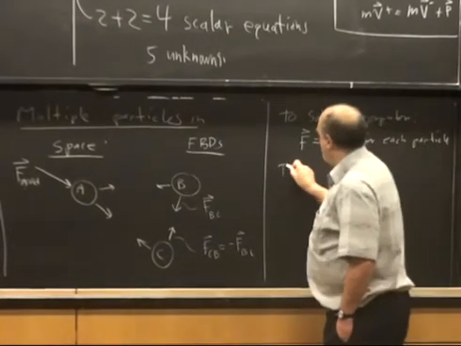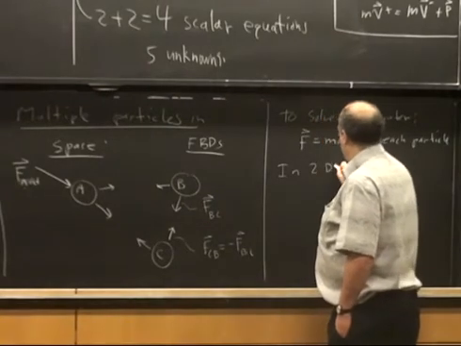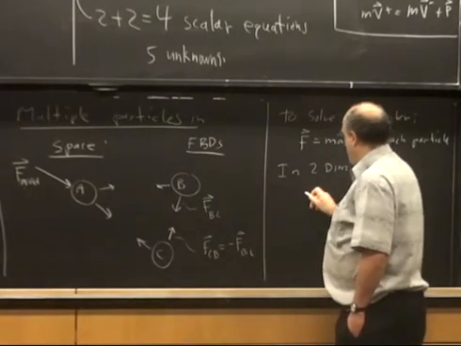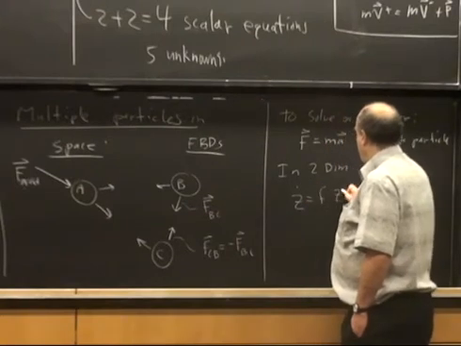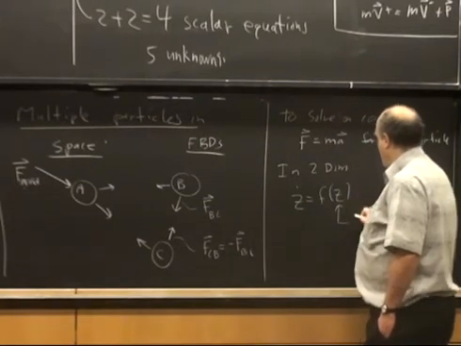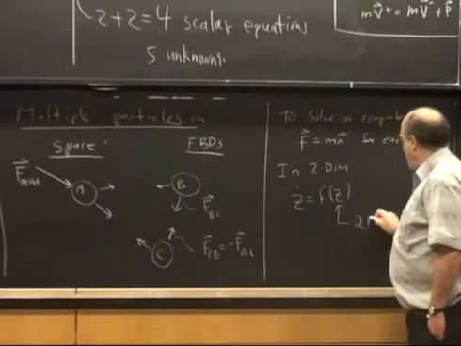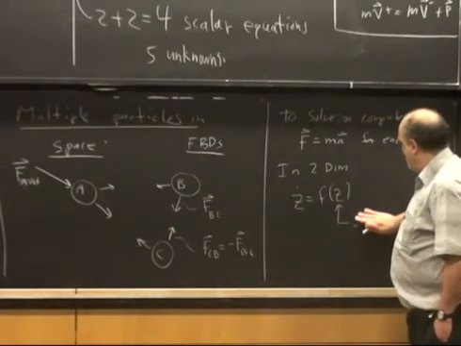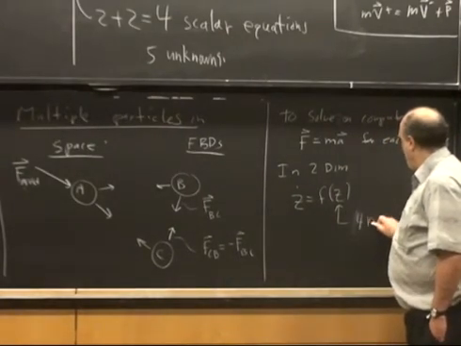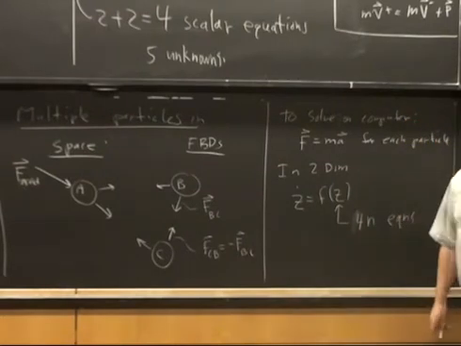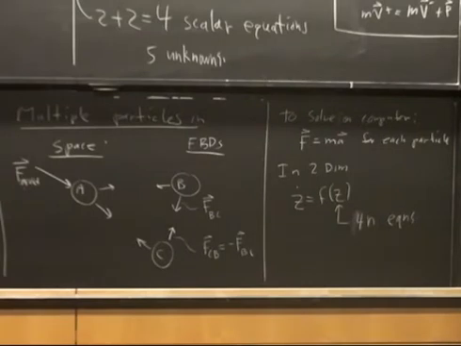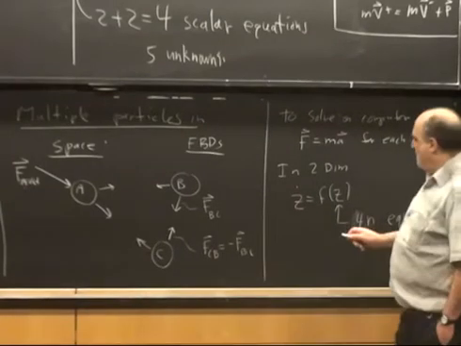So in 2 dimensions, we have z dot equals f of z, and this would be 4n equations. Why 4n? Because for each particle we have x and y, and for each particle we have x dot and y dot.